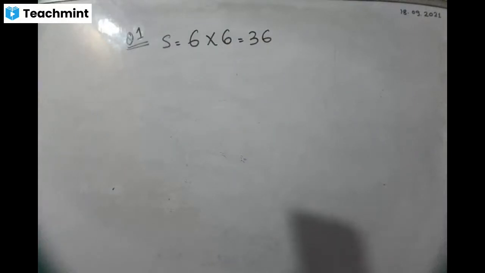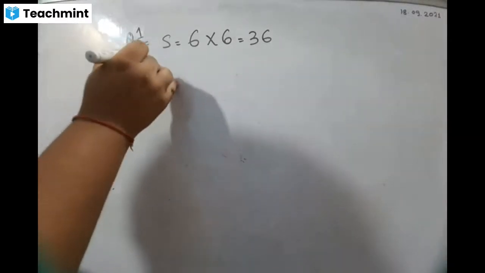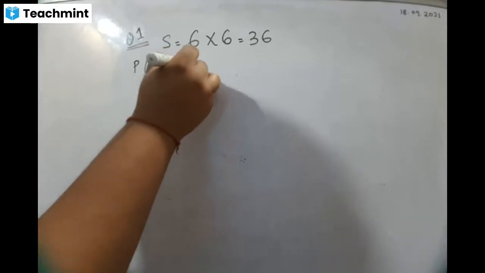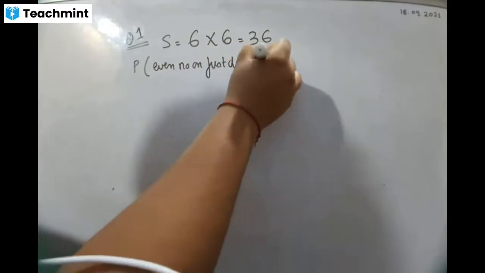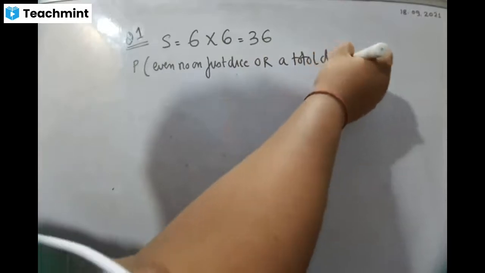Now, what is the probability of getting an even number on the first die, or a total of 8? That means I have to find the probability of getting an even number on the first dice, or a total of 8.